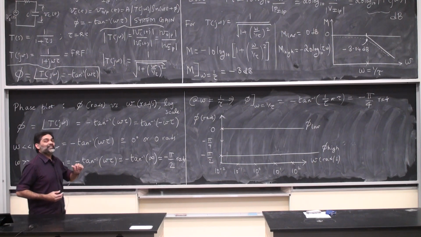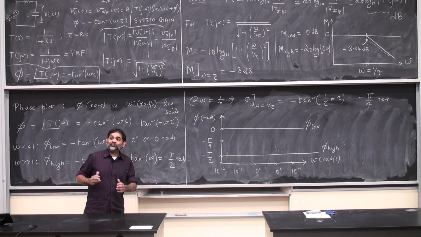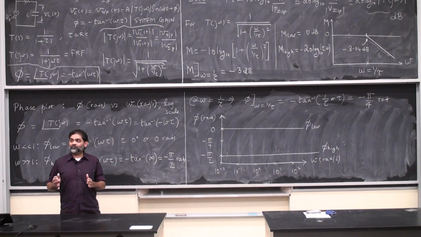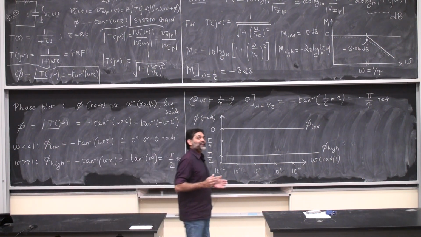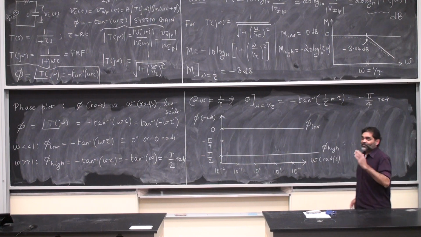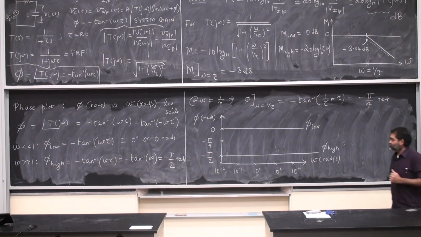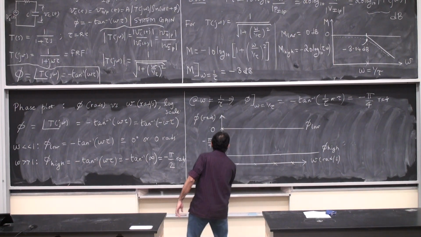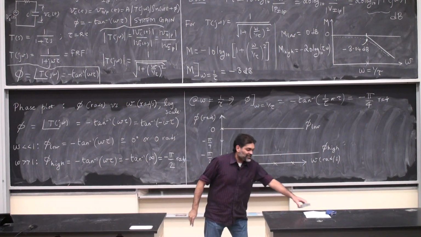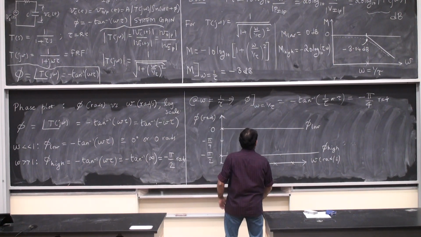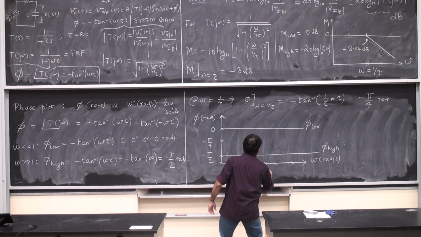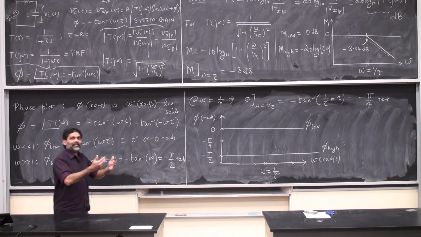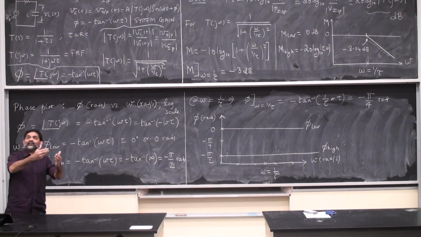We come up with a quick fix. This is just completely arbitrary, but people have been doing this for quite a while. Okay? Completely arbitrary. You look at omega equal to 1 by tau. Okay, so let me get rid of this scale here, so you know what it means. Let's say omega is 1 by tau is somewhere here. Then you look at 1 decade before this, 1 decade after this.